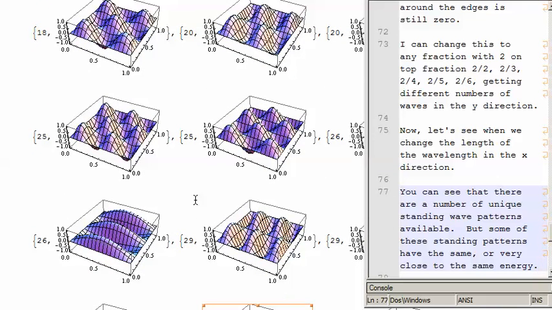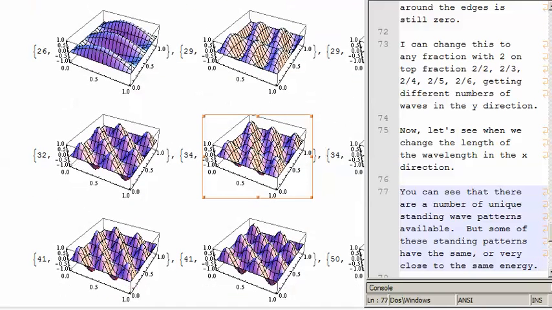For instance, this one with 1, 2, 3 lobes going this way, and this one very symmetrical but just in the other direction. There's some that are very similar, like this 3,2 and this 2,3 have very similar amounts of energy in them.